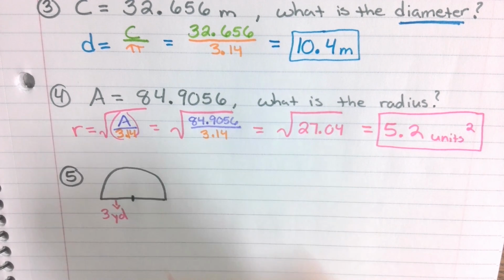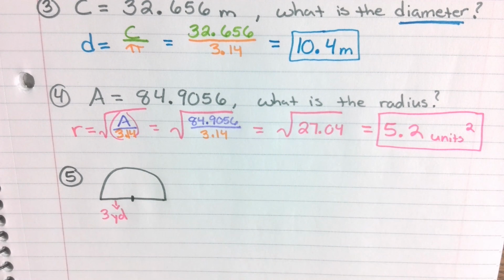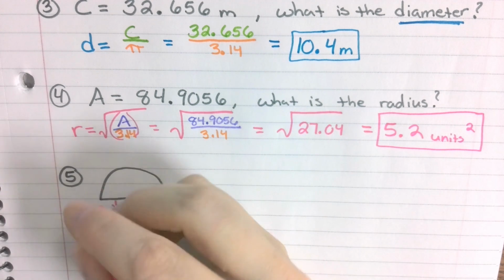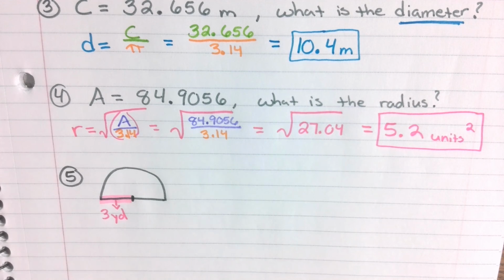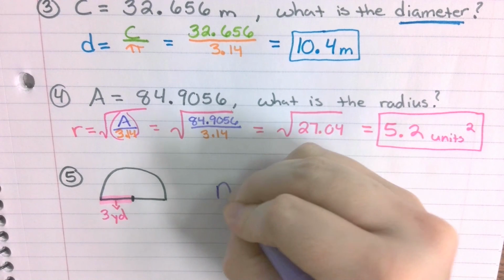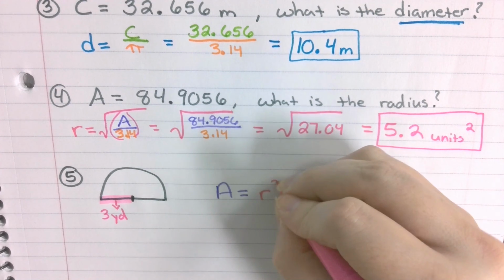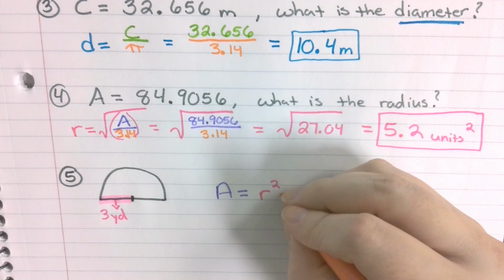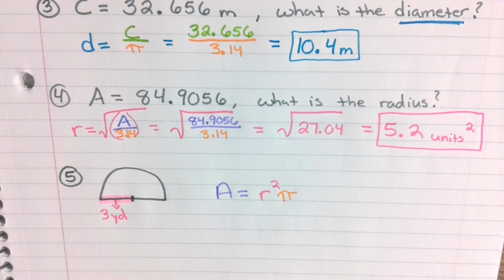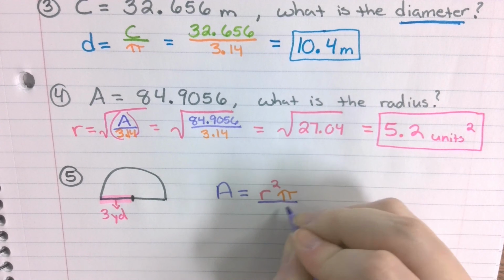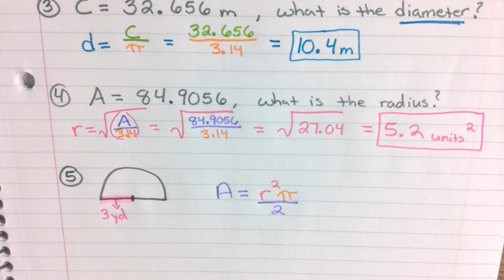So if I tell you that the semicircle has a radius of 3 yards, then in order to find the area for a semicircle, you're still going to do pi r squared, or r squared times pi. But then, because a semicircle is half of a circle, what do you think you're going to do then? Aaliyah? Divide it by 2. You're just going to take the area formula and divide it by 2 for a semicircle.